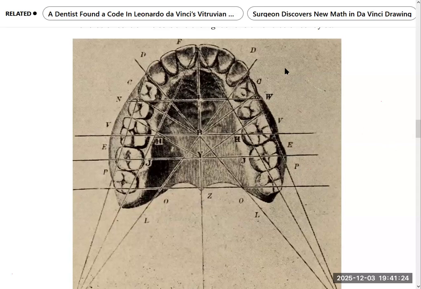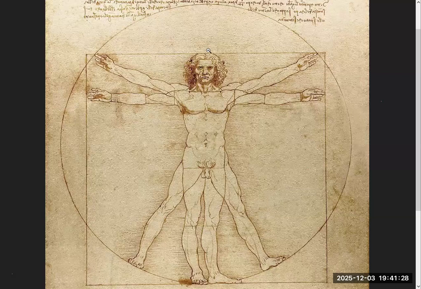Just to go back to that drawing again, I don't think this was drawn to make a piece of art. I don't think when Leonardo da Vinci made this drawing he was thinking, let's make a piece of art. I think he was thinking about how humans work, how men and women work.